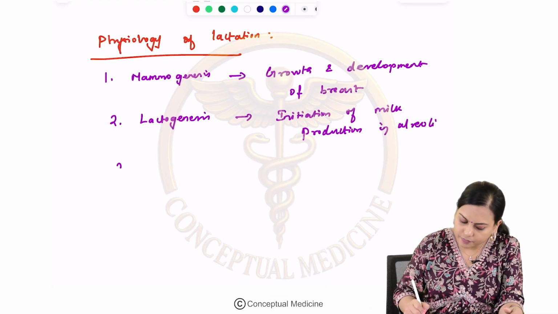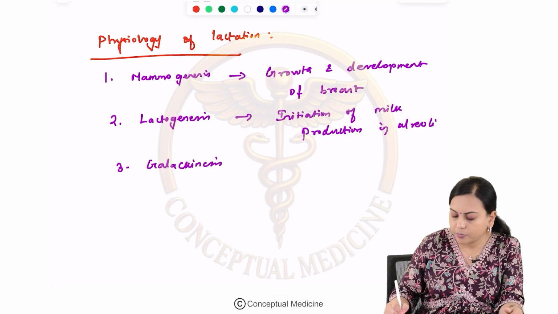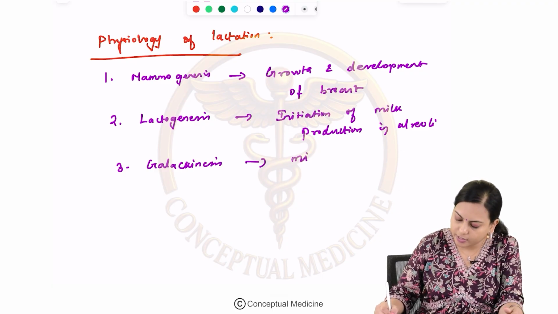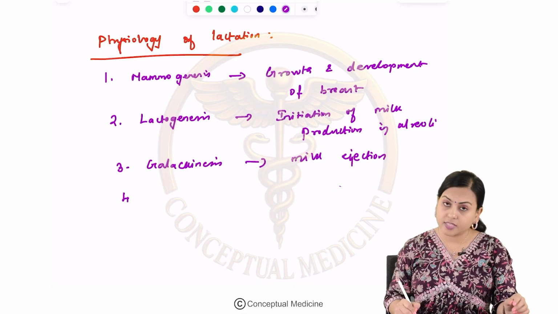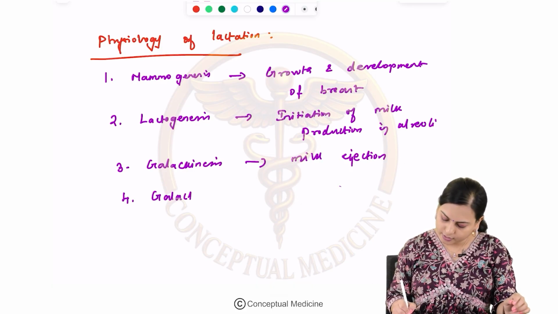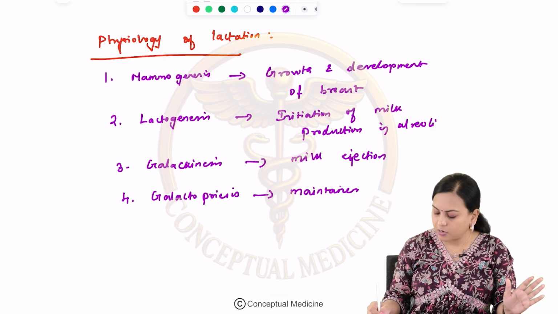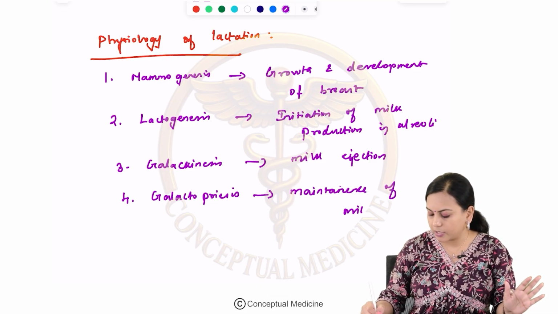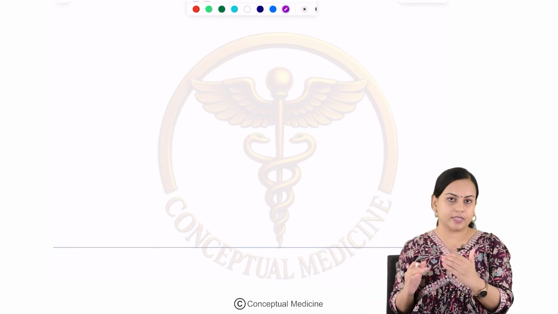Third step is galactokinesis. After production it has to be ejected out, so that is the milk ejection. Fourth step is galactopoiesis, which is the maintenance of milk secretion. Clear? Yes. Now we will discuss one by one in detail.